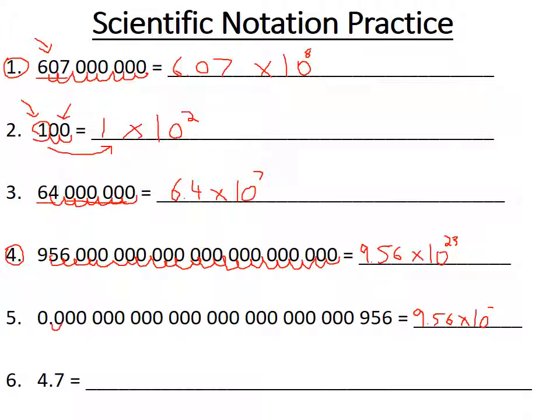Let's start counting. 1, 2, 3, up to 25. 9.56 times 10 to the power of negative 25.